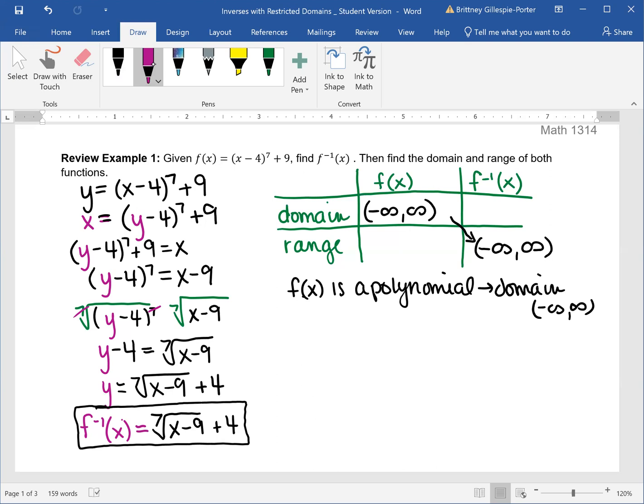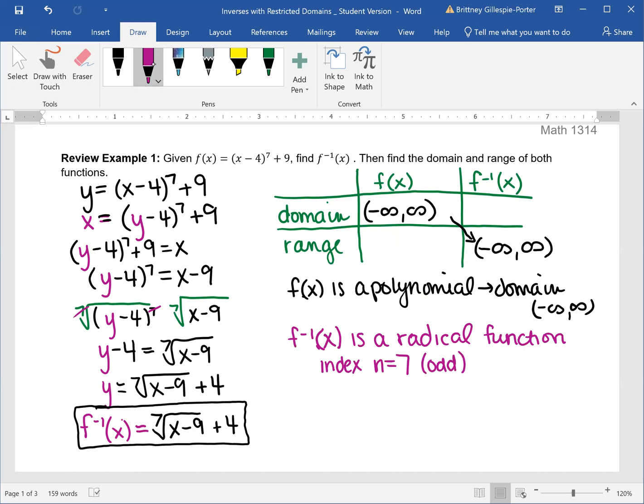If we look at our f inverse function, it is a radical function. And remember, radical functions happen with one of two outcomes, and it's all dependent upon the index. So our index is the little number on the radical, and here it's 7, which is odd.